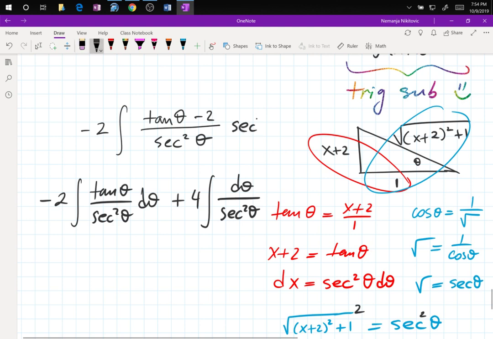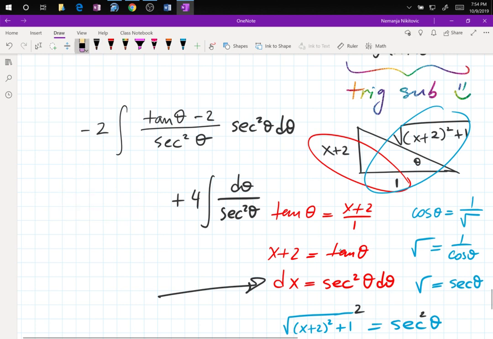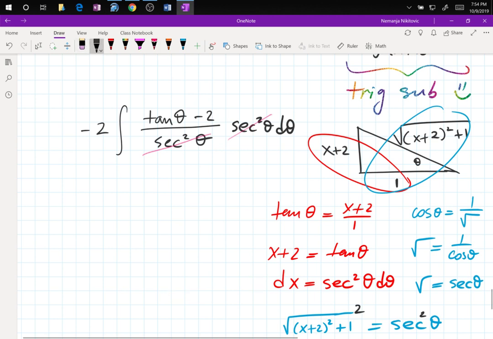Yes, the dx needs to be replaced by secant squared d theta, which changes everything, because now secant squared will kill the secant squared, and that makes this problem much easier to deal with. I was testing you, just to see if anyone's paying attention. Very good.